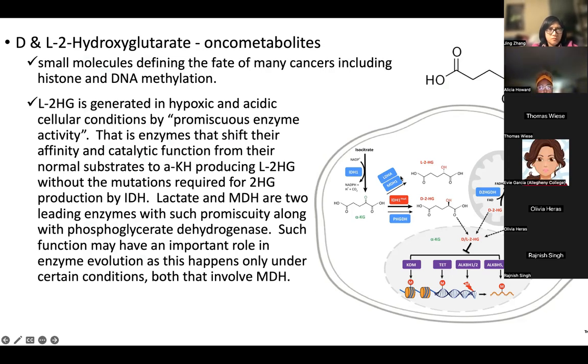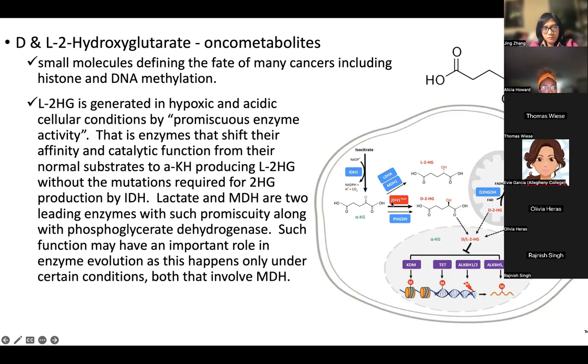So the main process is that isocitrate gets converted to alpha-ketoglutarate, and then through either LDHA or MDH1. LDHA is the version of lactate dehydrogenase that increases in cancer, and we know that MDH1, cytosolic MDH, will make 2-hydroxyglutarate.